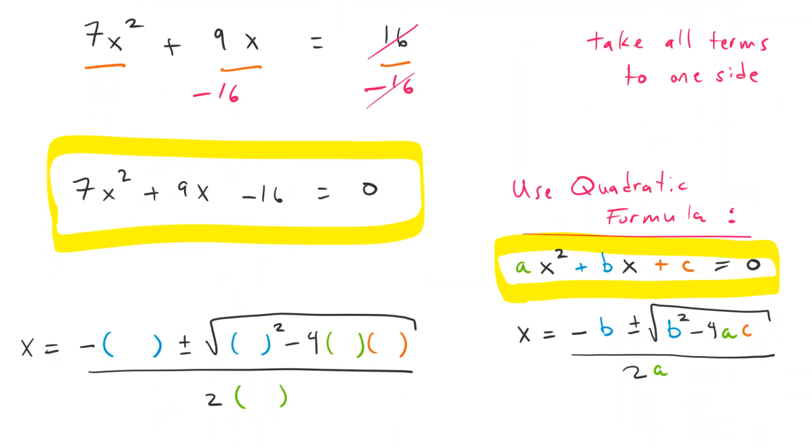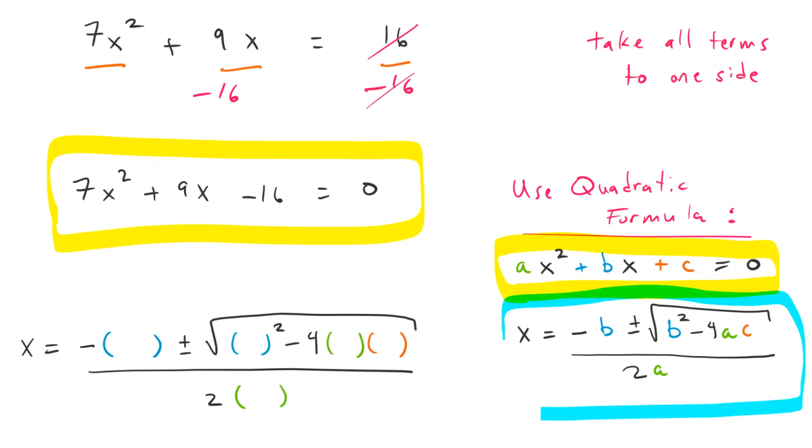If you've forgotten what the quadratic formula is, we have it right here on the right side, the bottom of the screen. x equals negative b plus or minus the square root of b squared minus 4ac all over 2a. So we have to identify the a, the b, and the c, and then we literally just plug them in and simplify, and we're done.